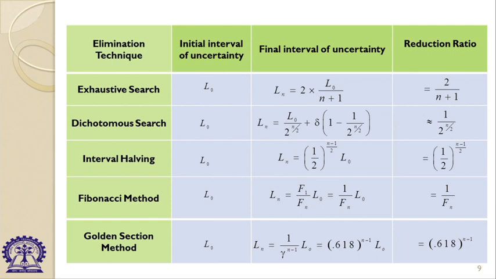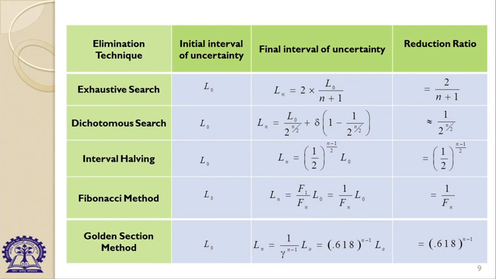For the Fibonacci method, we have seen that Ln by L0 is 1 by Fn. We could find it before because we considered Ln equal to F1 by Fn times L naught, that is equal to L naught by Fn.